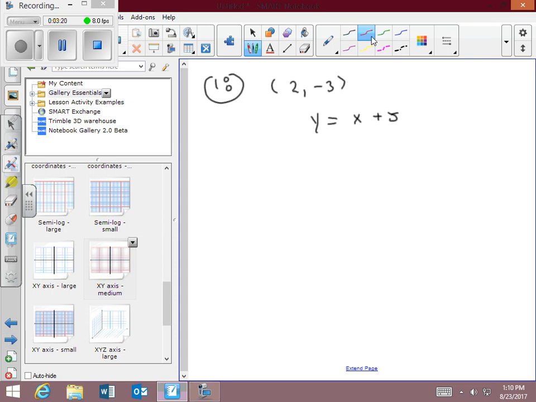What you do is for the y, you put -3 in, and then for the x, you put 2 in, and then solve that. So this would say that -3 is equal to 7. Is that a true statement? No, this is not true. Then (2, -3) is not a solution.